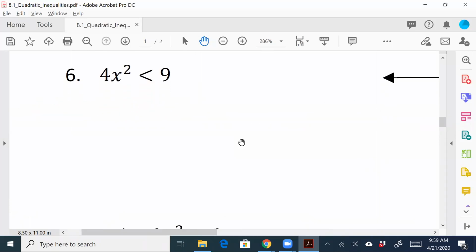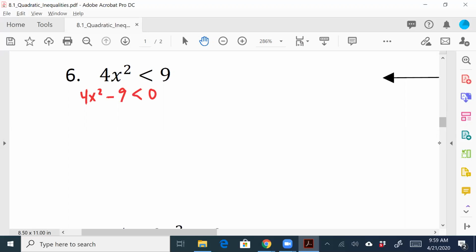So number 6 has 4x squared is less than 9. So we want to rewrite this as 4x squared minus 9, subtracting 9 from both sides, is less than 0. And then we want to factor the left-hand side.